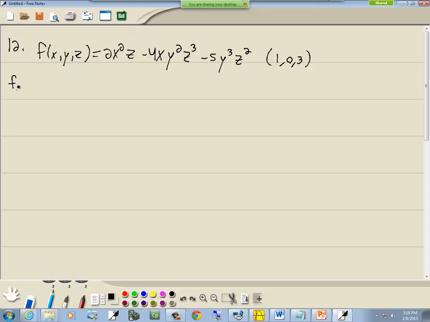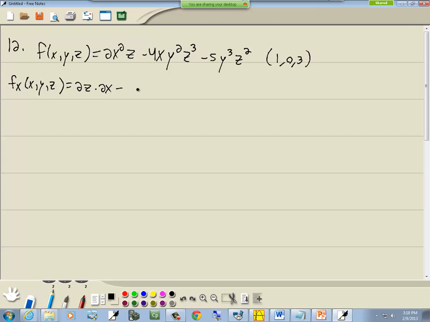So our first one is with respect to x. Again, everything we treat like a constant except for the x. So the 2 and the z just remain. The derivative of x squared is 2x. Actually, let me show the steps. The 2 remains, the z remains, and then the derivative of x squared is 2x.